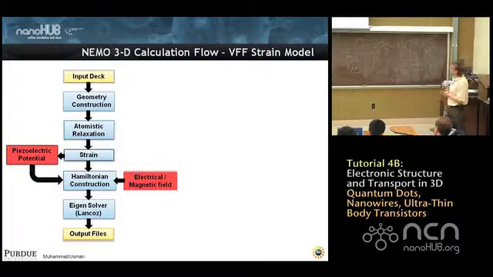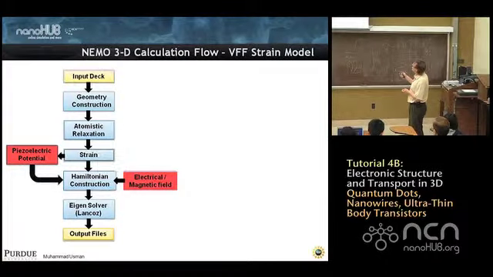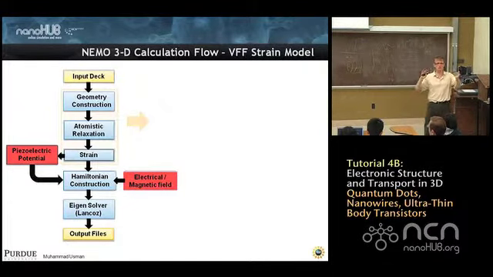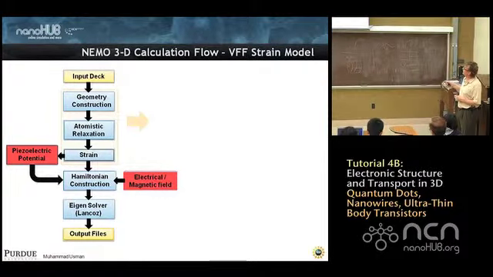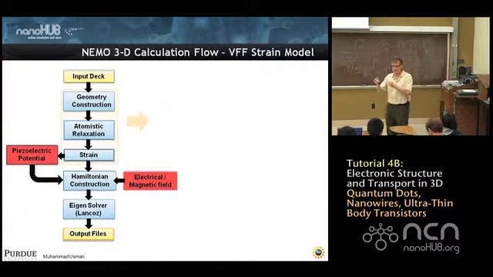So the flow of NEMO3D is like this. We have an input deck, and in the input deck, we stick in the algorithmic determinations, the geometry description, etc. Then we construct a 3D geometry, like a 3D representation of the atomic world. Then we do an atomistic relaxation. That means we consider these atoms like balls on a spring, and they can relax. Right?